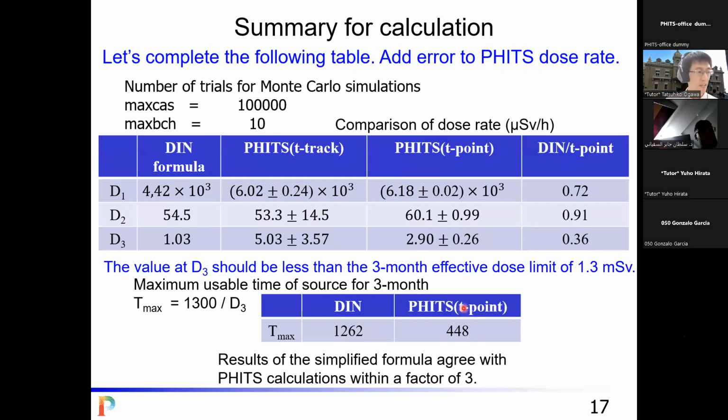So we can achieve accuracy up to 10% in FITS, but globally speaking, in a wider view, there is some noticeable difference between these empirical formulas and Monte Carlo calculation by FITS, which is as large as about a factor of 3. So usually a safety factor of about 3 or sometimes 10 is considered.